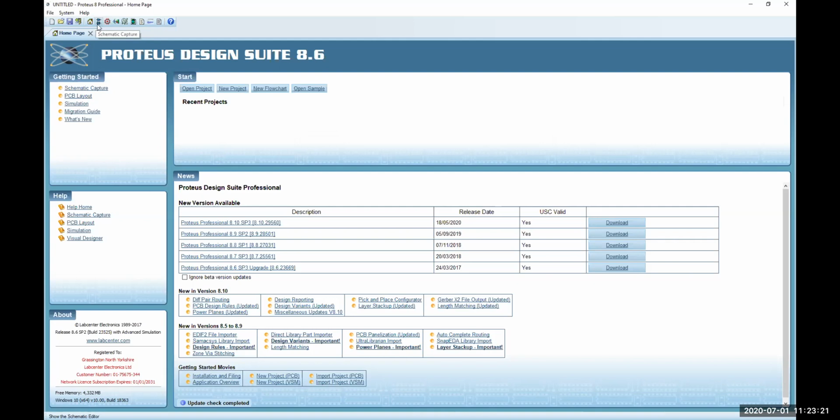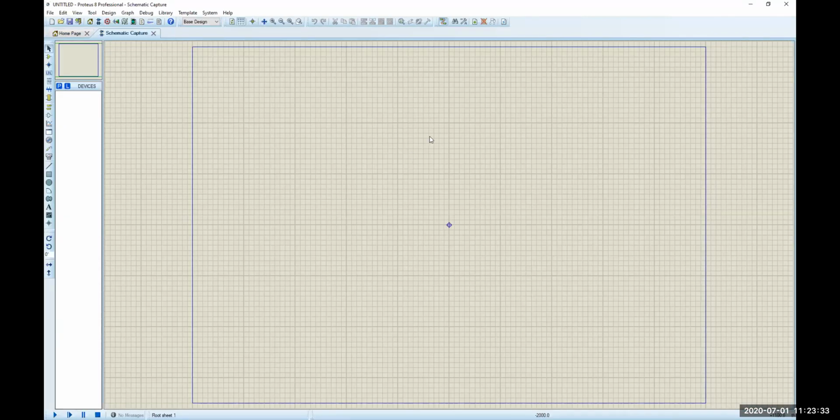So here one icon is called schematic capture. I will click it. A screen will come up. Let's wait. Now, can you see? At the left side, you have some icons, right?